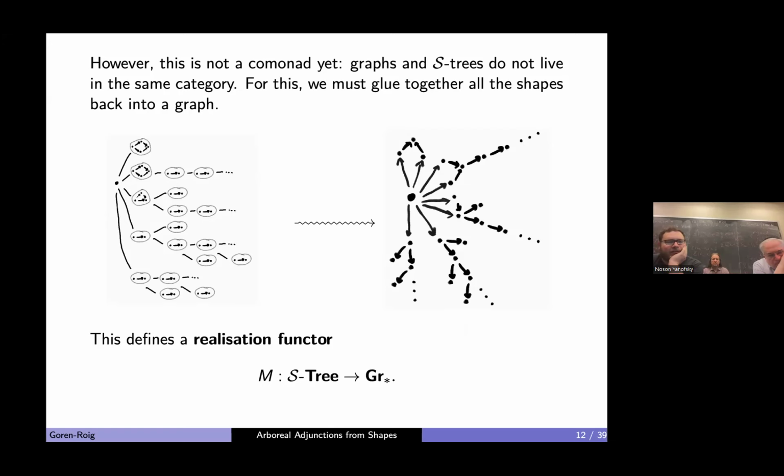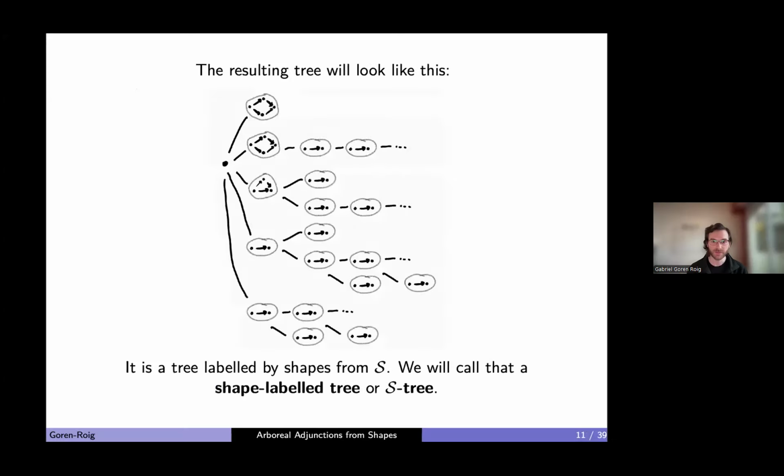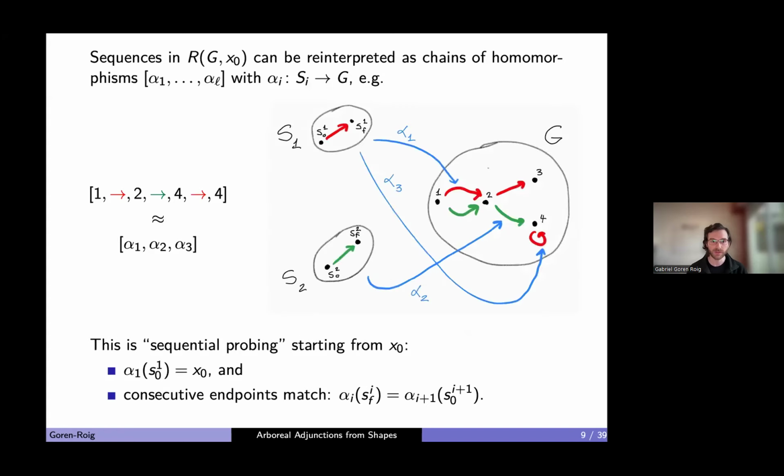Gabriel, can you say again how you made this tree? Yes, so let's go. Is it a coend? No, I mean the tree is just defined by hand. So I will describe the definition more formally in just a second. But basically, originally the tree is actually comprised of these sequences of maps.